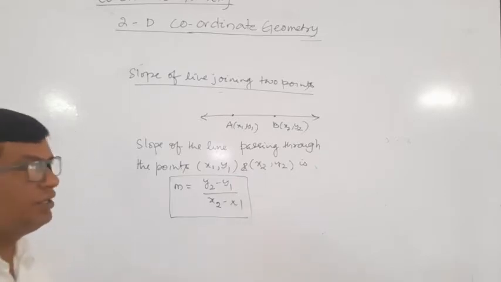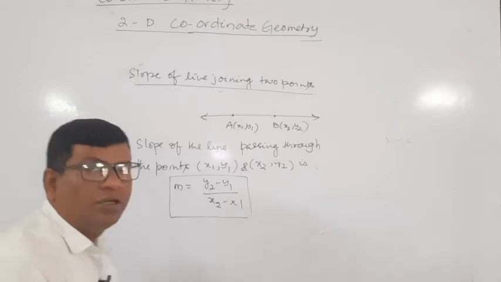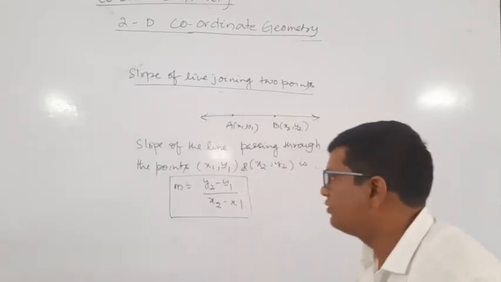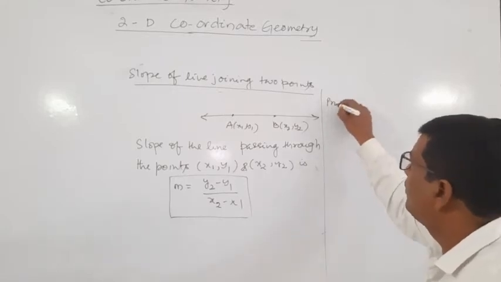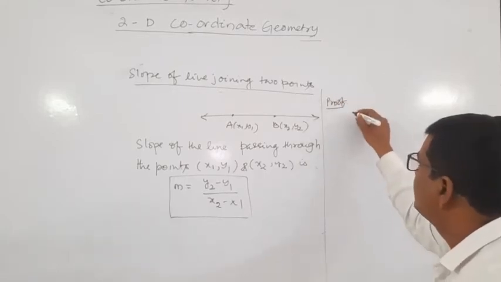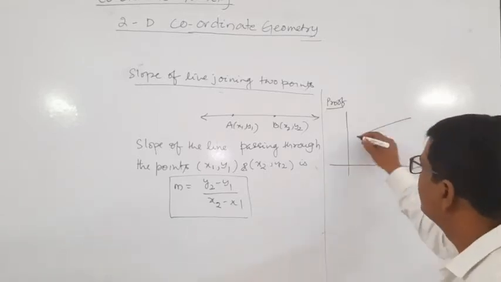Now how to prove the slope of the line passing through 2 points? The proof is like this. So this is the coordinate axis and this is the point.